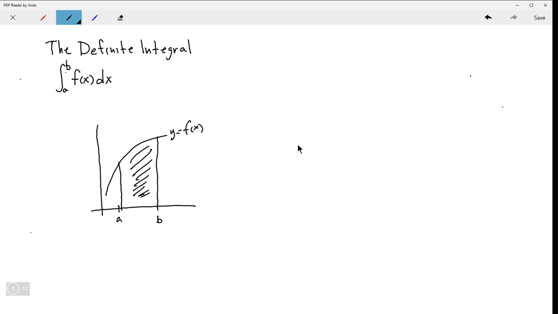So the fundamental theorem of calculus is a thing.